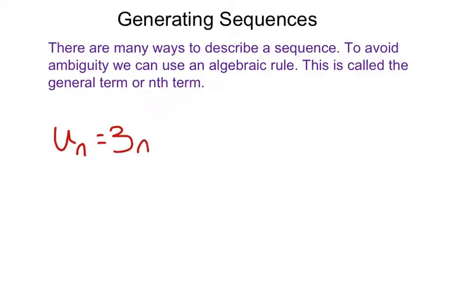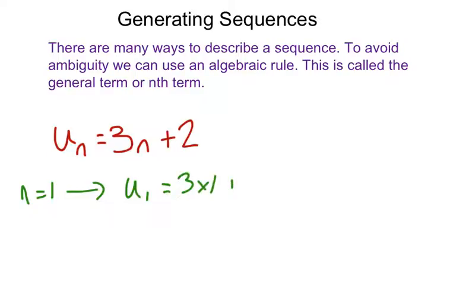If our general term is un equals 3n plus 2, from that we can work out the first term by using n equals 1. When n equals 1, we find what's called u1, the first term, and we do 3 times 1 plus 2, which gives us 5.